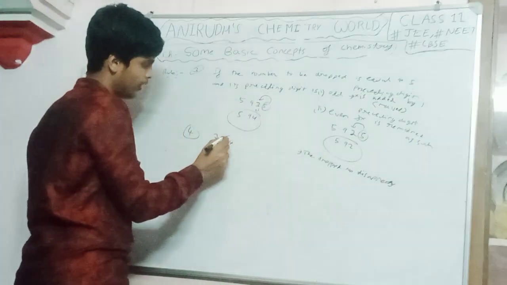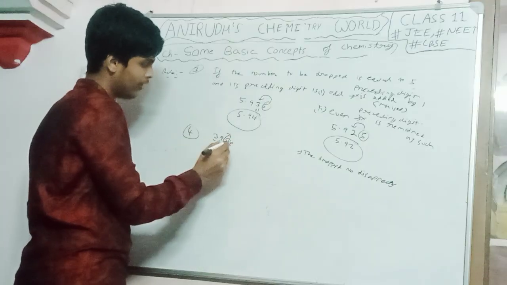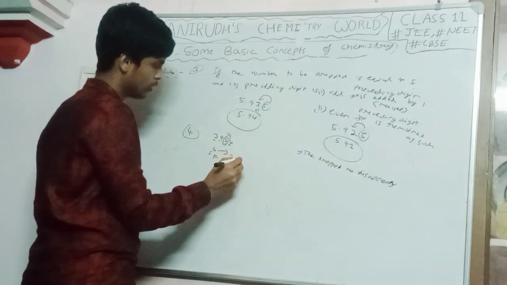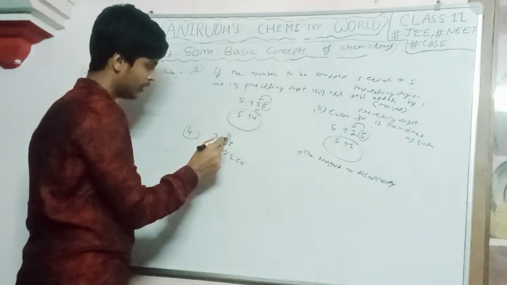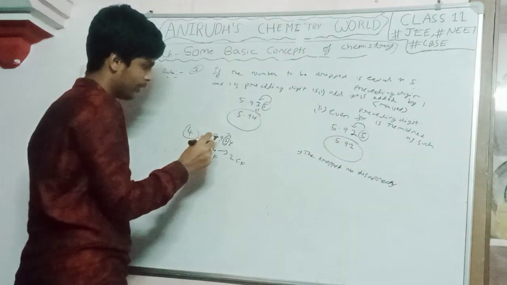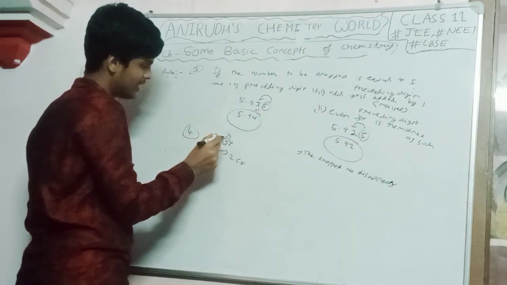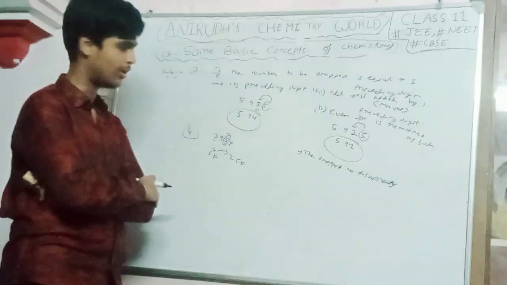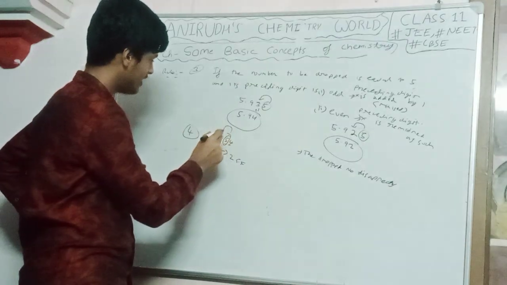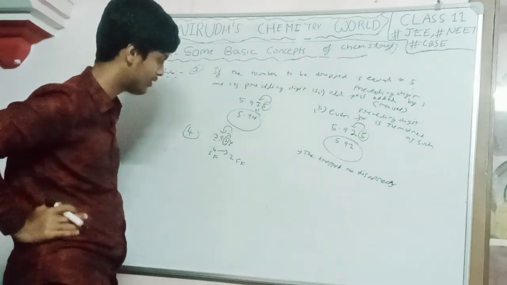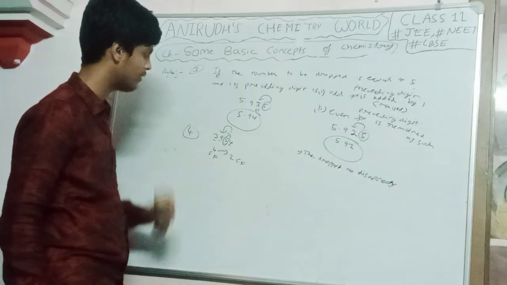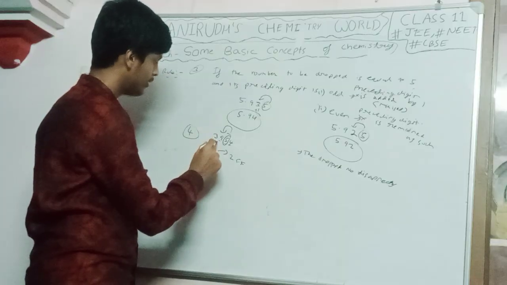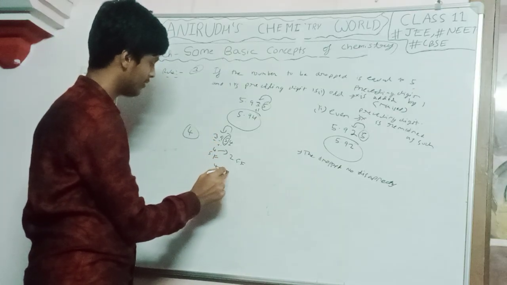If you have this value and you have 4 significant figures, and you want to convert to 2 significant figures, you need to round off the 5. If you are rounding off, you raise it by 1, it becomes 4000.